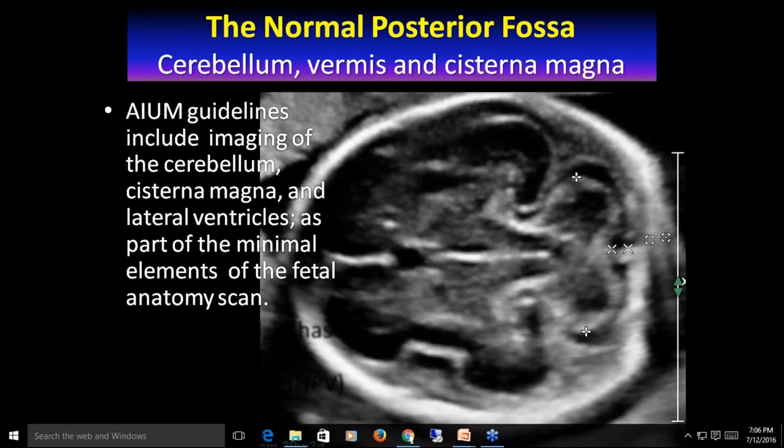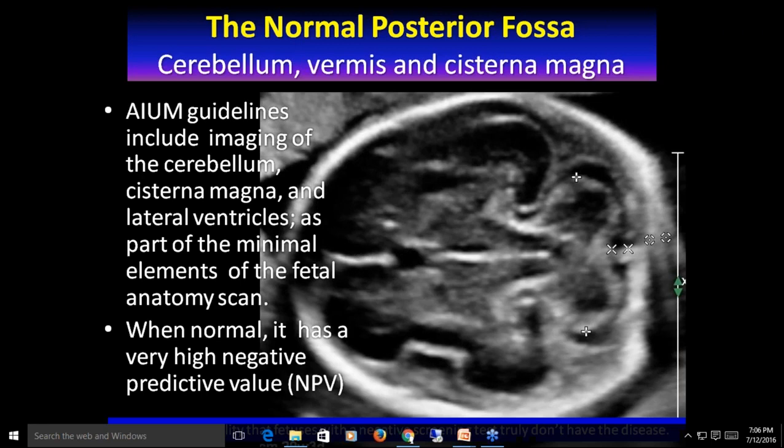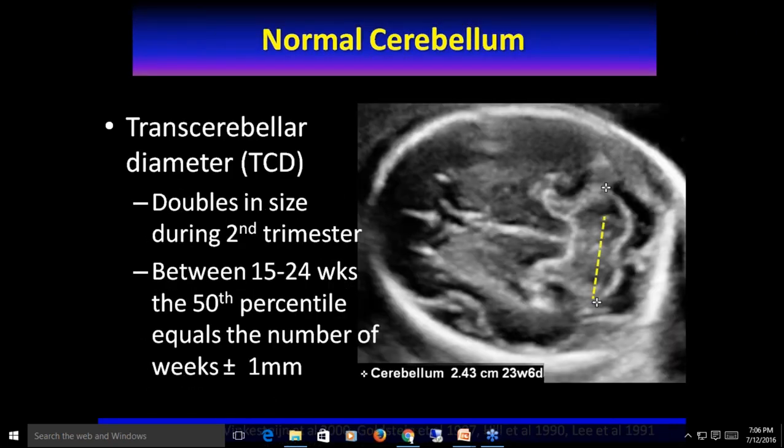AIUM guidelines include imaging of the cerebellum, cisterna magna, and lateral ventricles as part of the minimal elements of the fetal anatomy scan. When normal, it has a high negative predictive value. The transcerebellar diameter doubles in size during the second trimester.